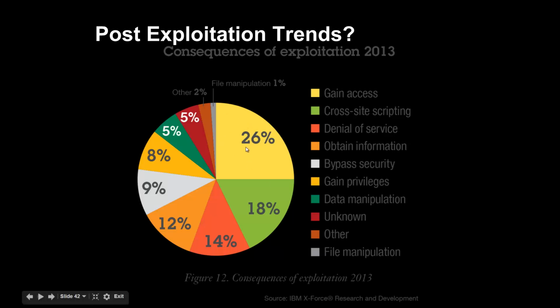The obvious one is that the attackers gained access in an unauthorized manner to a target system, but a secondary impact has also been observed: it's been popular for attackers to attack other users once inside the network with cross-site scripting attacks, denial of service attacks, or phishing to obtain other information, to try and use credentials or weaknesses discovered after the initial exploitation to bypass security, to gain privileges on the local system by privilege escalation, or to use the credentials found on that target system to try and log into another system across the network, perhaps lateral, or if that user is an admin on another box, it would be vertical movement and privileges across the network, data manipulation and sabotage, and etc.